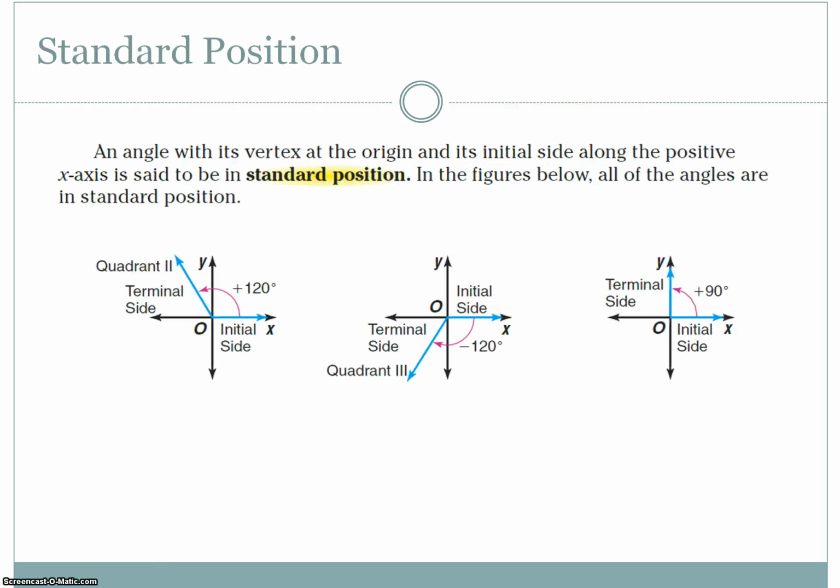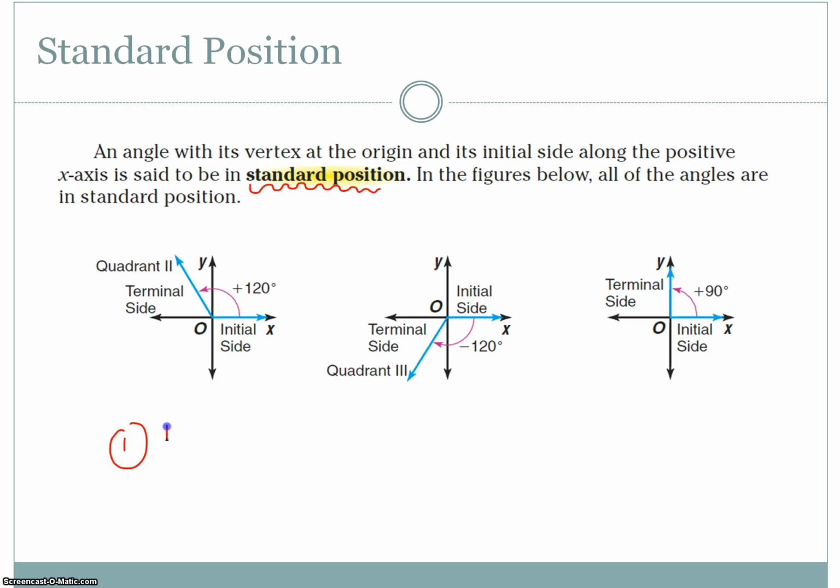So the other thing that's important in addition to which way you rotate your line, if you go clockwise or counterclockwise, is the position of the angle. So we're going to be making angles in the coordinate plane, and it's really important that these are what's called standard position. So standard position has to be two things.